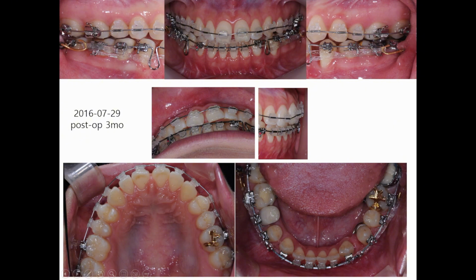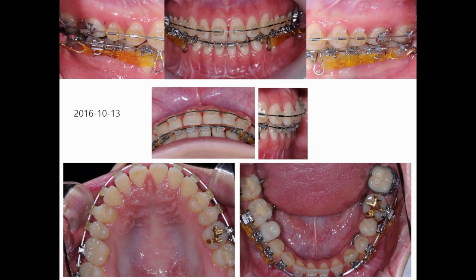Anyway, she attached the full fixed appliance in upper to level, and then power chain, big power chain through the loop and cuspid together, because C2 is strong enough to accept all retraction force, but still a little midline is still out.